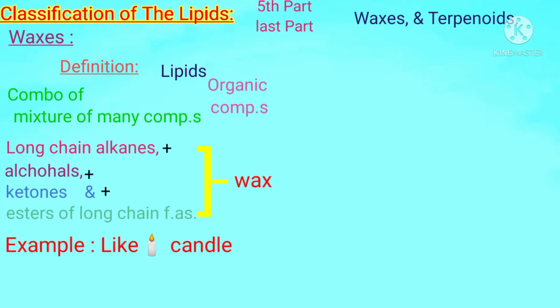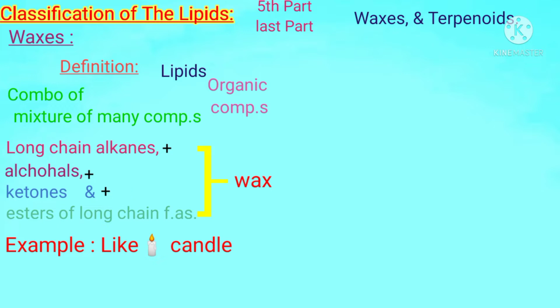It is often asked during exams and viva whether, during wax formation, long chain alkanes or short chain alkanes are taken. Likewise, are esters of long chain fatty acids or esters of short chain fatty acids involved?